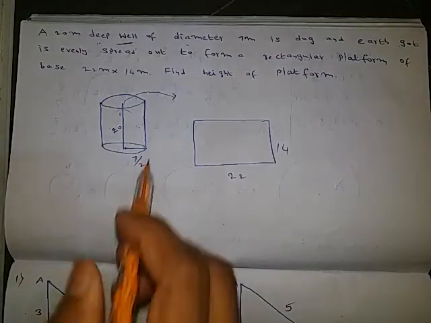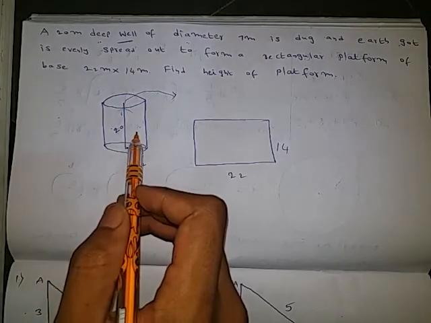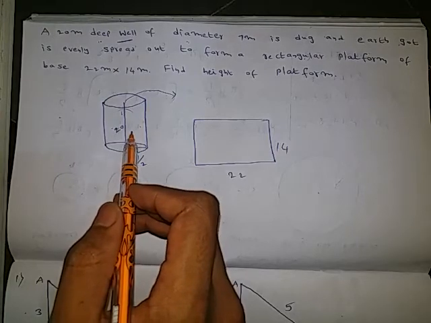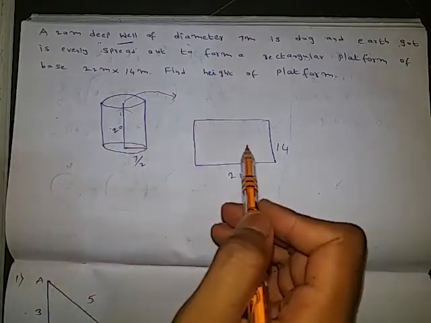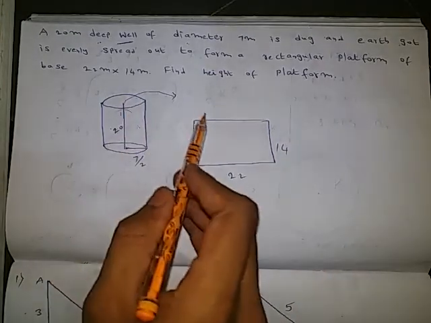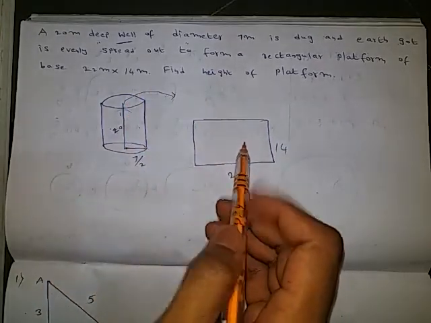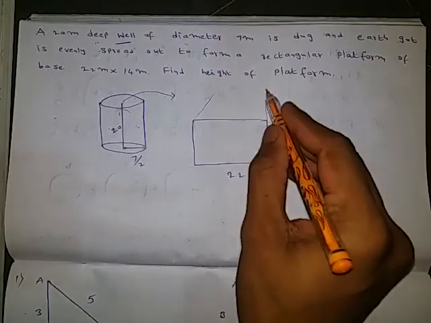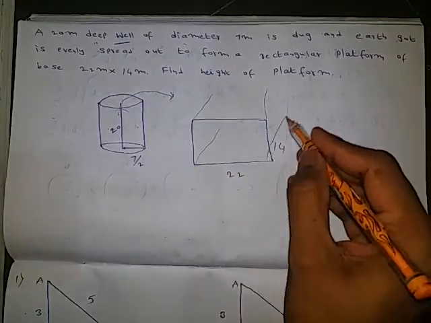So whatever earth or mud or soil we got from digging the well, he just threw it outside in the shape of a platform. Then as we keep on throwing the mud onto this, definitely the height of this will increase. Compulsorily the height of this part will increase.